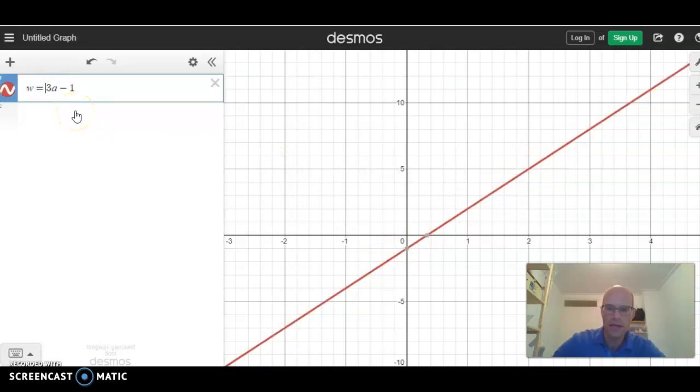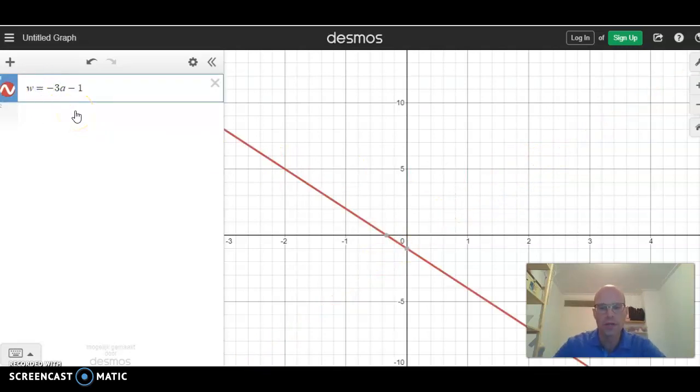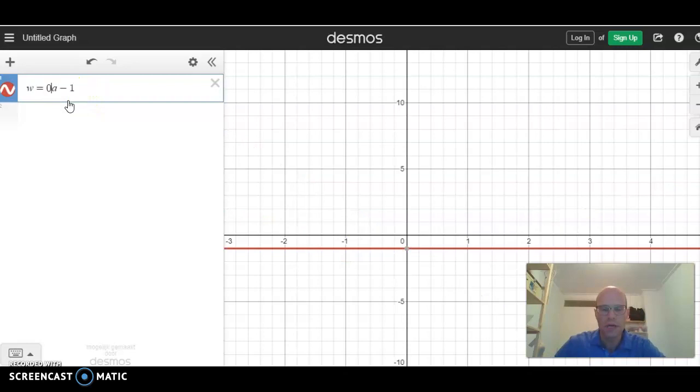If I make it a negative number, you can see it goes down. It is a falling line. So if the gradient is negative, it's a falling line. And it could also be 0. Let's do that, 0, and then you can see it is a horizontal line. Please note you don't call this a straight line, you call it a horizontal line.